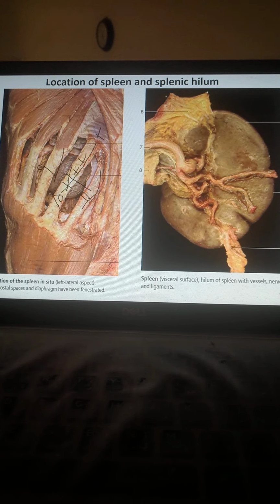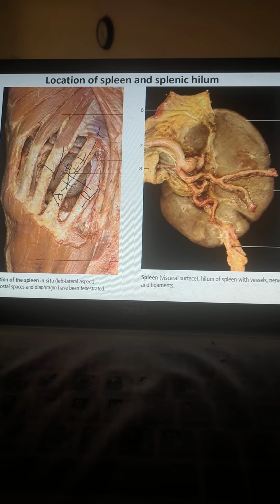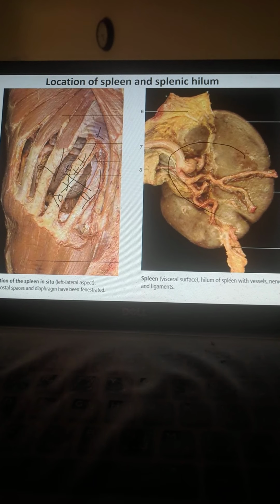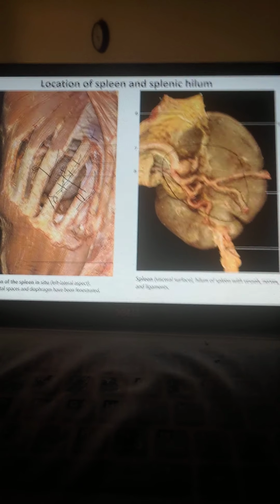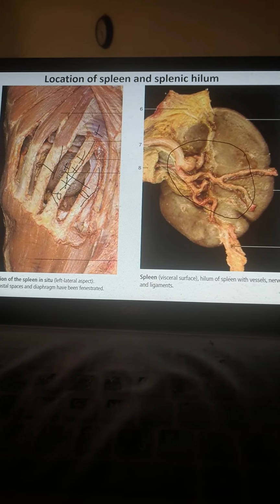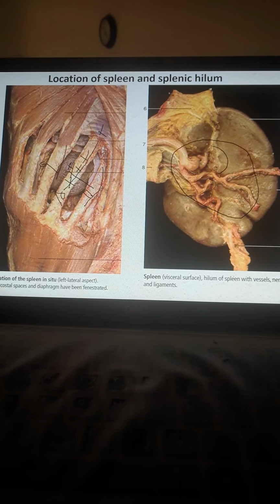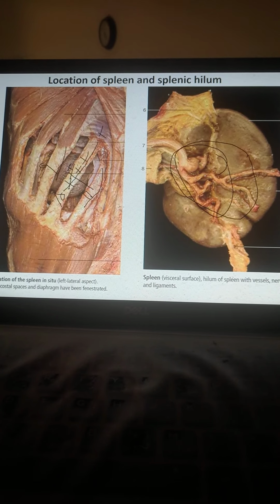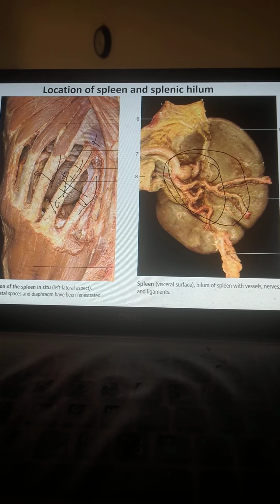So this surface you look at from here is the diaphragmatic surface, or you can say costal surface, because it's also related to the ribs. Here is the opposite surface, which is the visceral surface or medial surface, which is related to the organs and also contains the area called the splenic hilum, which receives the splenic vessels and also a ligament here.